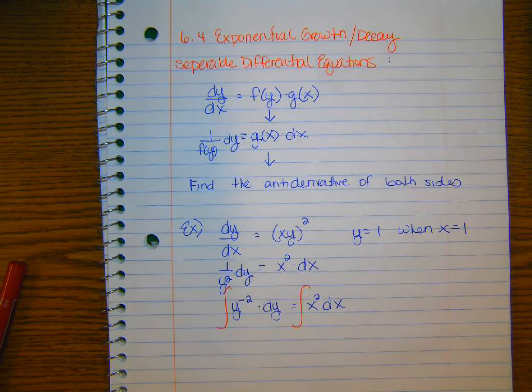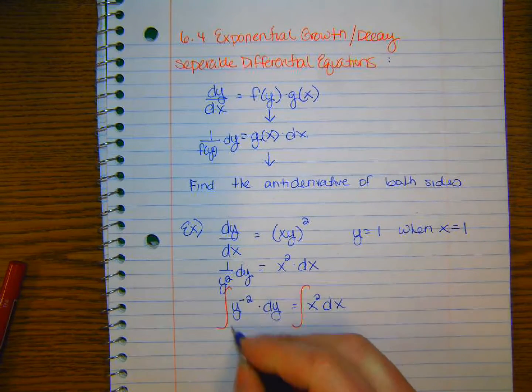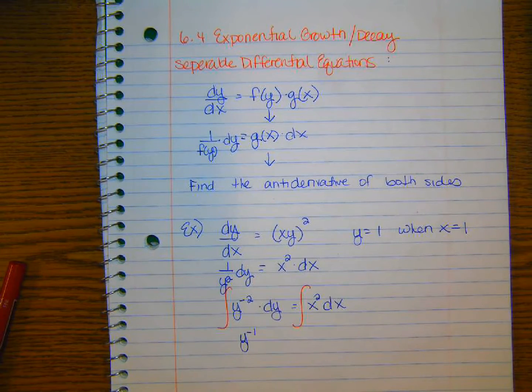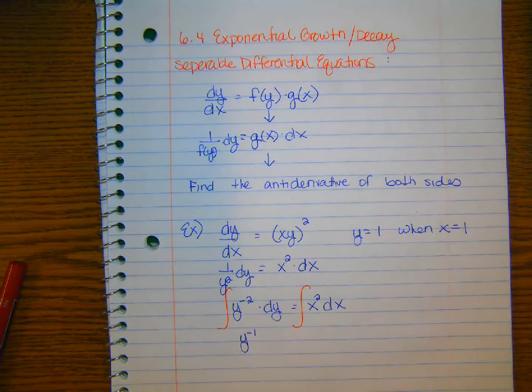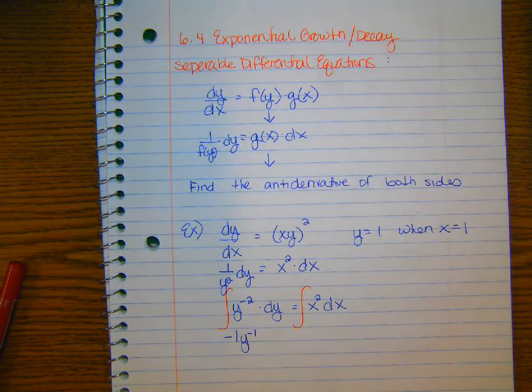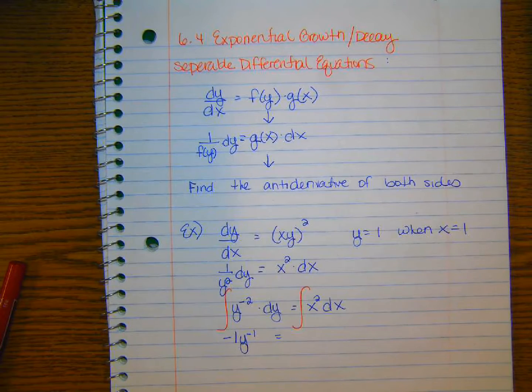What's the antiderivative of y to the negative second? Add the 1 back on. Negative y, or negative 1 y to the negative 1. How about this?